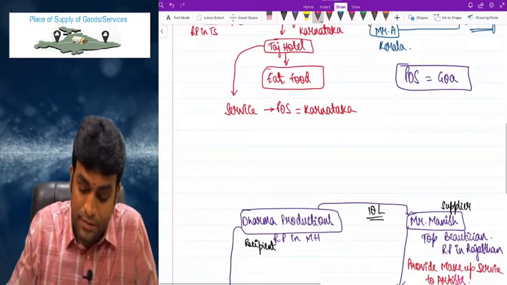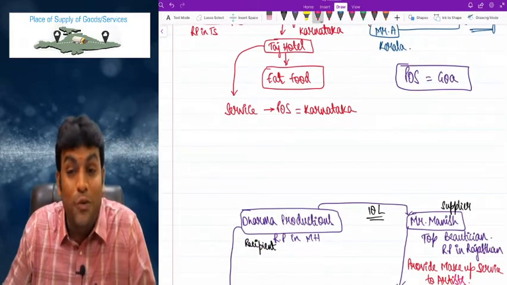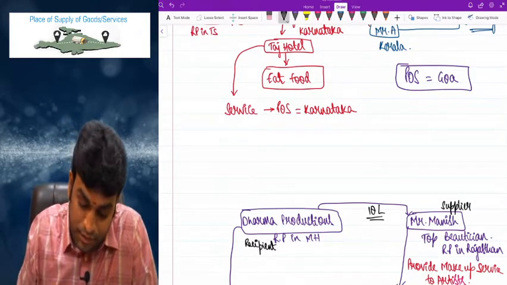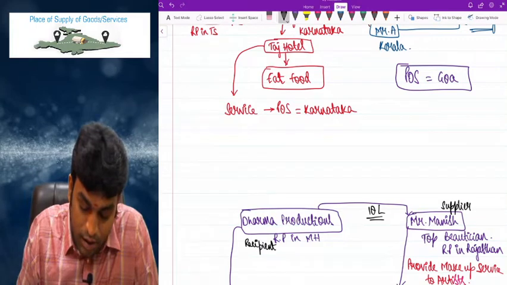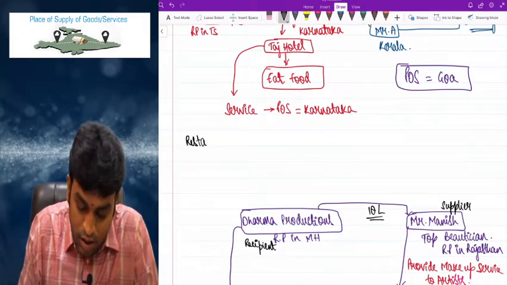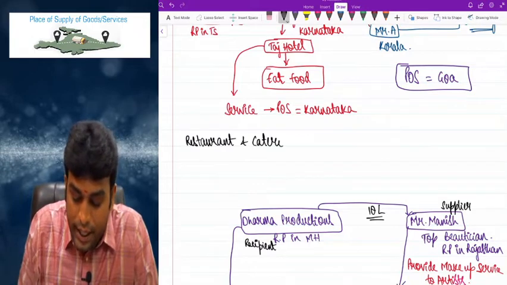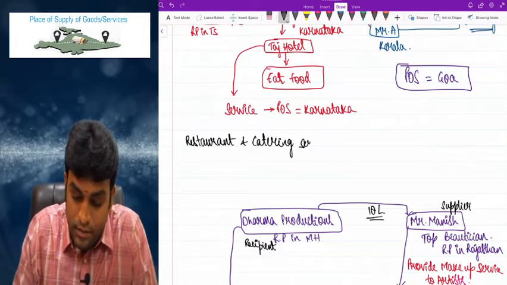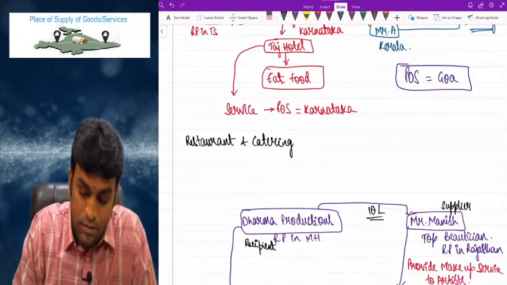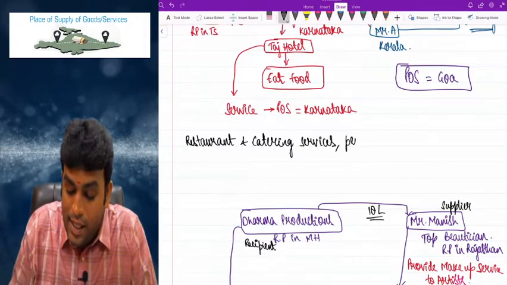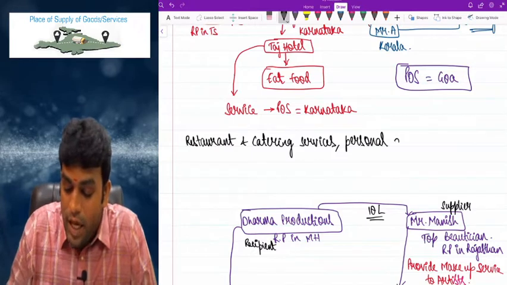Listen, concentrate here. What the law told very clearly is, please focus here. Restaurant and catering services, personal grooming.